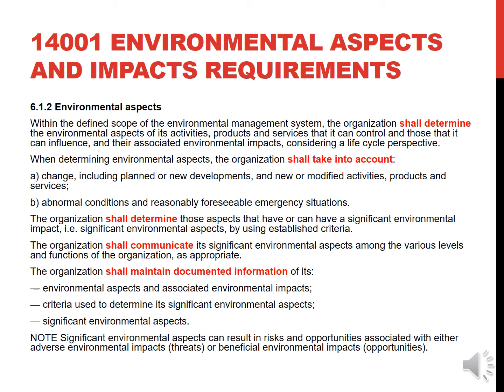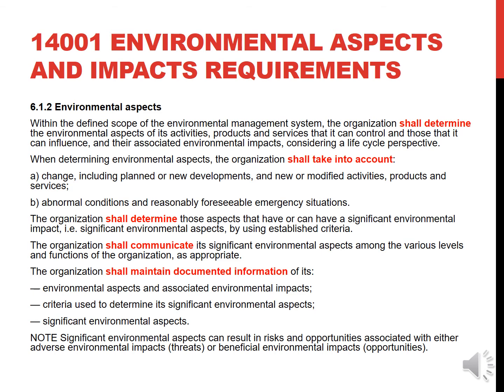So remember, we go back to our open systems model now, and we look at those aspects within the system, which is under direct control of managers, and those that it can influence, which are in the transaction-based environment, the next level of shell. But you also want to consider a life cycle perspective. You don't have to do a life cycle analysis, but you have to look at some of the activities we just talked about.